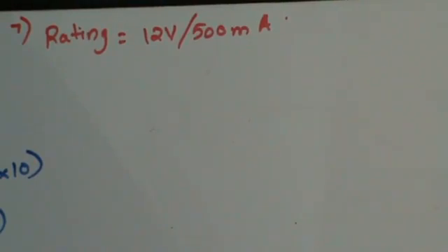Guys, just make a correction in the sum. Instead of 3 cells, make that as 2 cells. The rating of 2 cells is 12 volts and 500 milliamps. Okay.